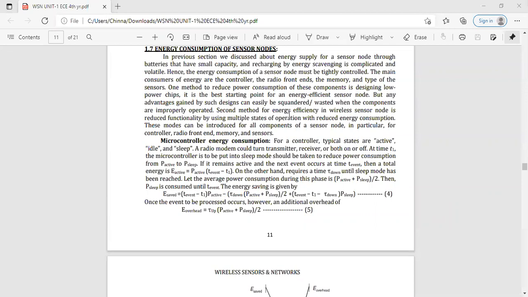Now I want to discuss the energy consumption of the sensor nodes. This is also a very important topic: how much energy will be consumed by the components of a particular sensor node.